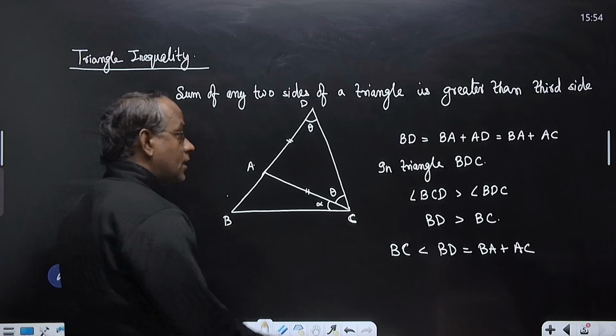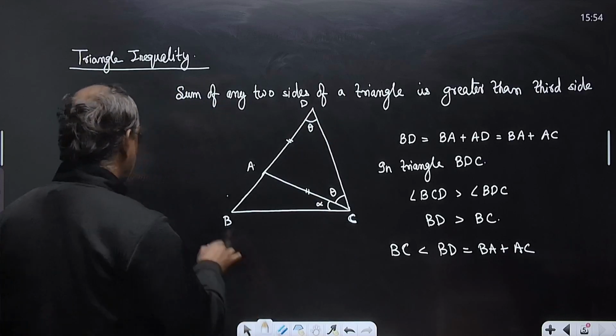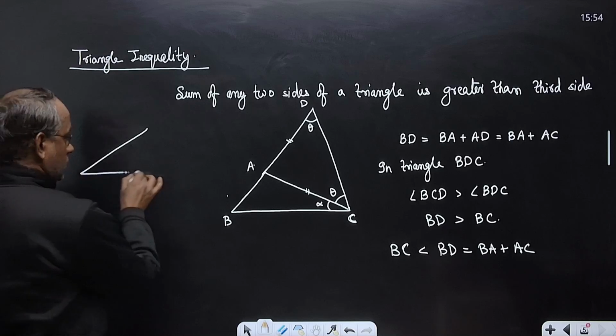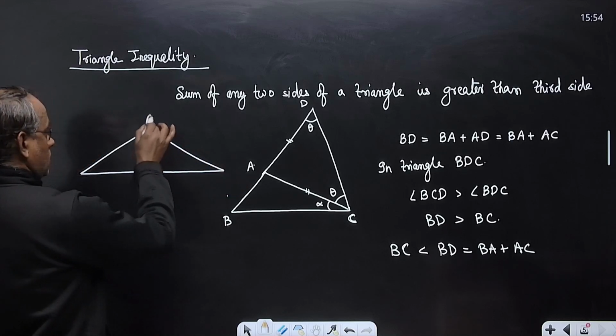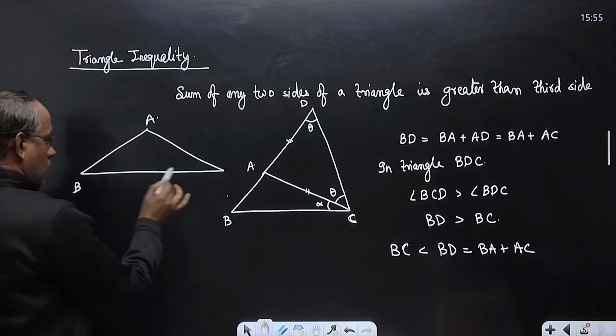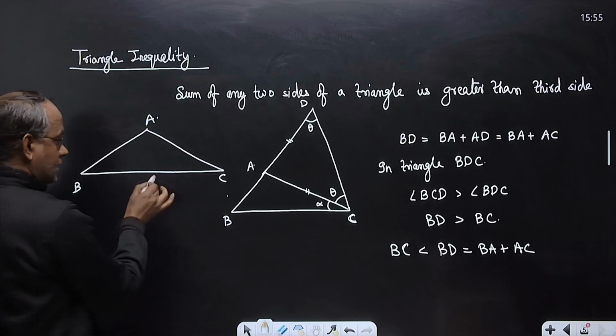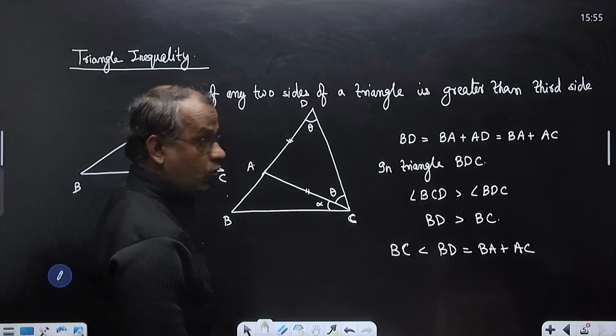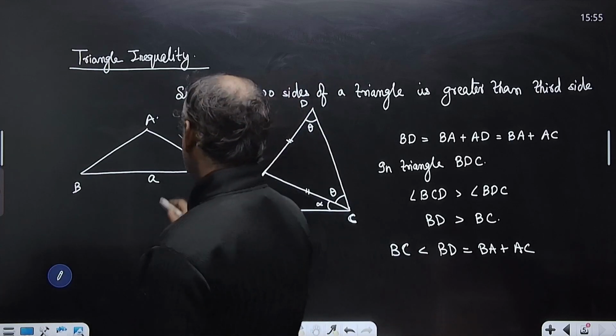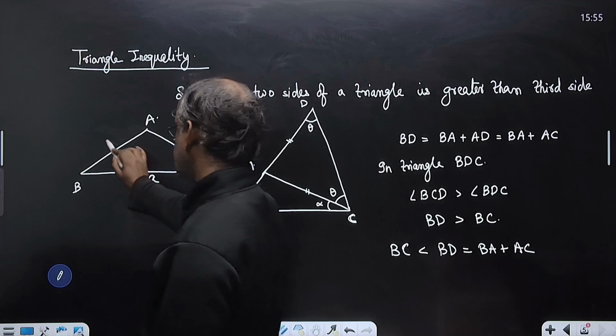So what we generally do is that opposite to angle A, we write the side as small a. Opposite to angle B, we say it is b, and opposite to C, we say c.